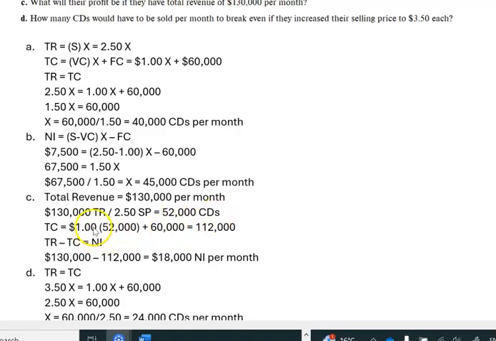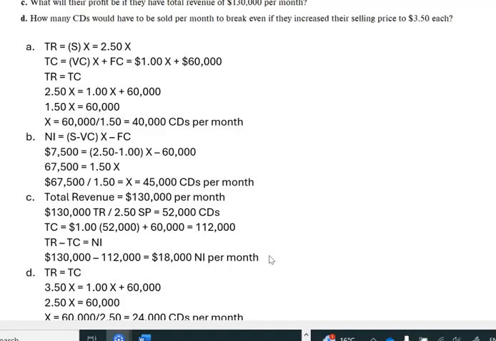We know that there's a variable cost of $1. Multiply that by the 52,000 CDs plus the 60,000 fixed cost, which doesn't change, gives us a total cost of 112,000. And we know that total revenue minus total cost gives us our net income. So therefore our net income per month must be $18,000.